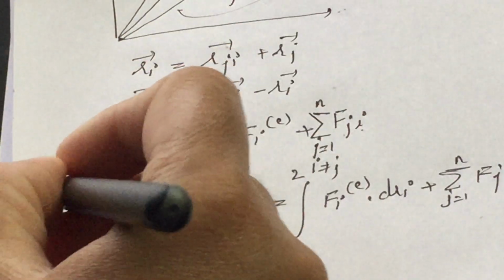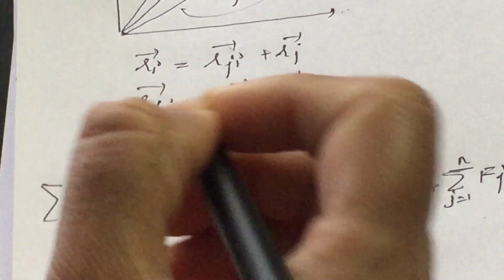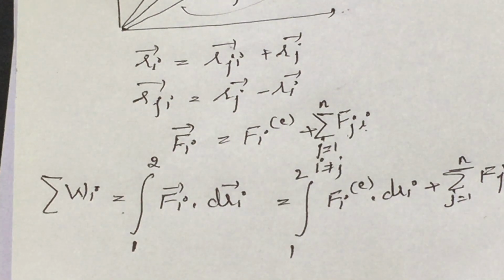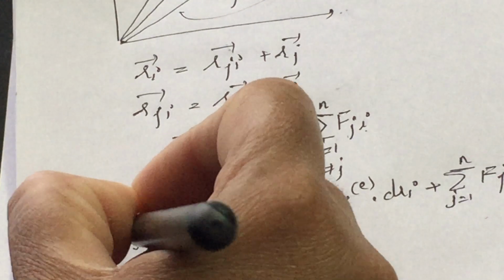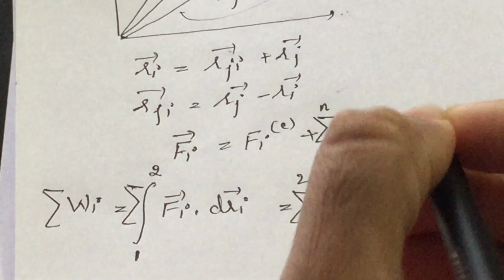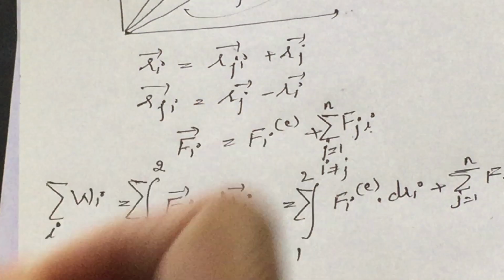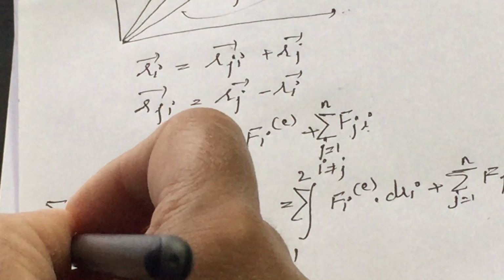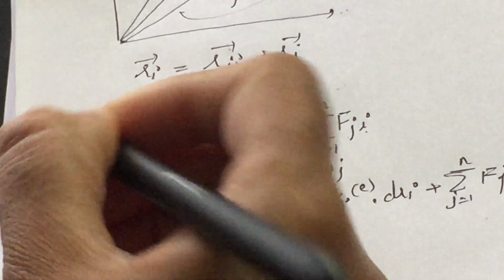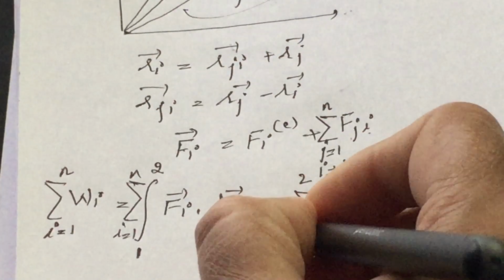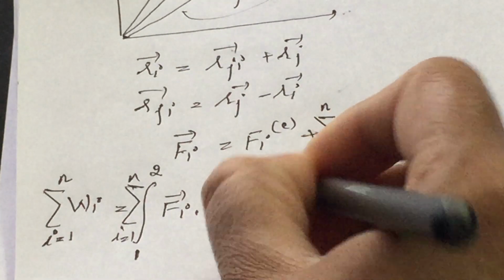For the whole system, we have to add the work done for the first particle, second particle, and so on. So we have to make summation for all the terms, and here the summation is for i, and the i summation moves from 1 to n. Similarly here we will put 1 to n. Similarly here we will put 1 to n.